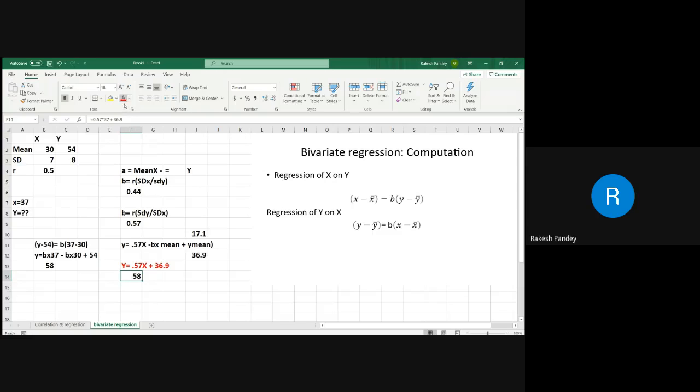So this is all from my side, and I am repeating that you have learned the correlation, regression, computation of product moment correlation, computation of bivariate correlation, and computation of bivariate regression, both regression of x on y and regression of y on x. And I hope you can easily write this equation without putting much effort.